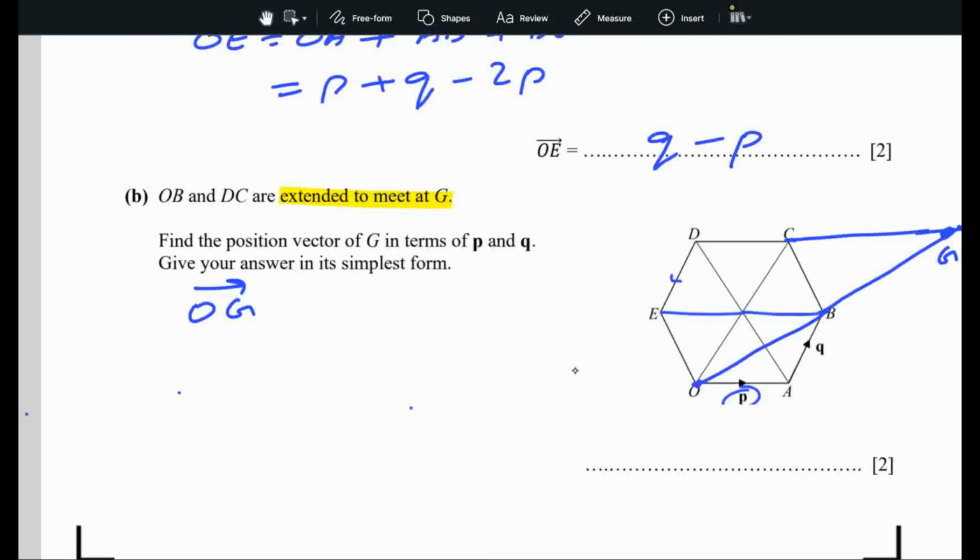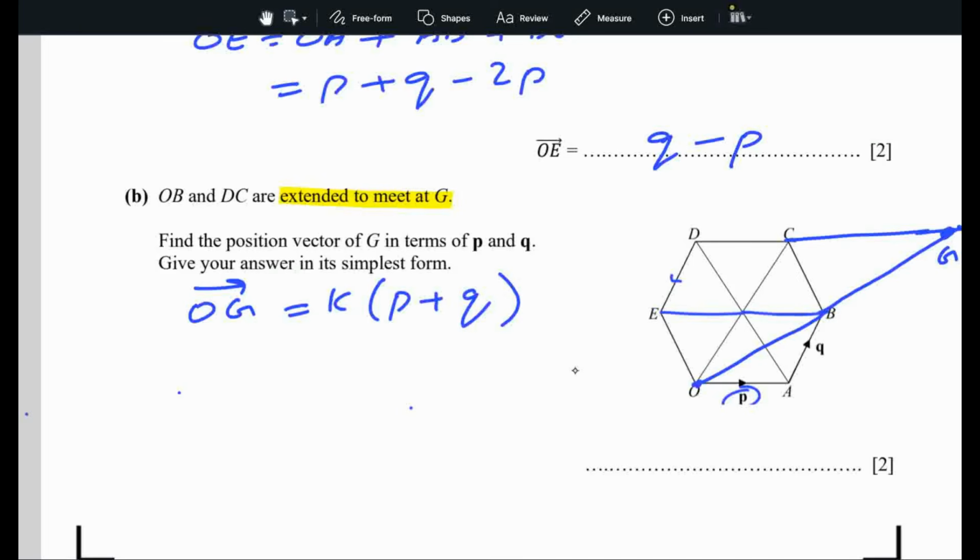The ratio is double, so we can say that DC is p. Basically OG will be equal to k times p plus q, because we have to find the value of k.